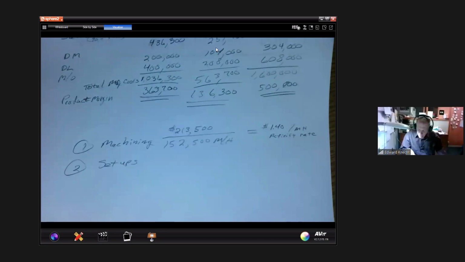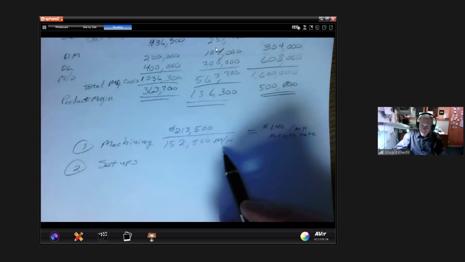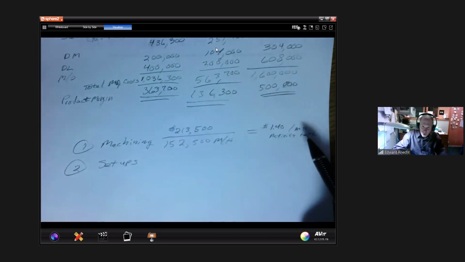They tell you how many machine hours each activity used. For product line B300, they had 90,000 machine hours, and for T500, it was 62,500. So when you add up to get your total machine hours, you get 152,500 machine hours. So that's why we get $1.40 per machine hour.